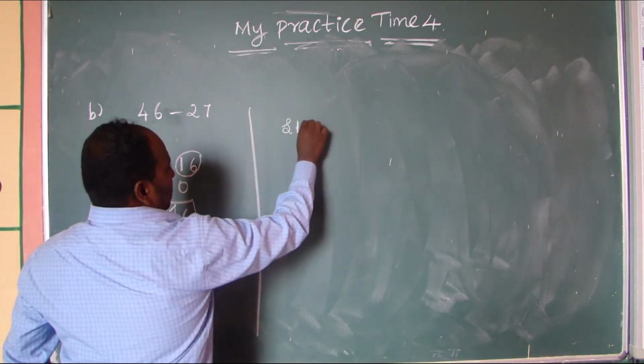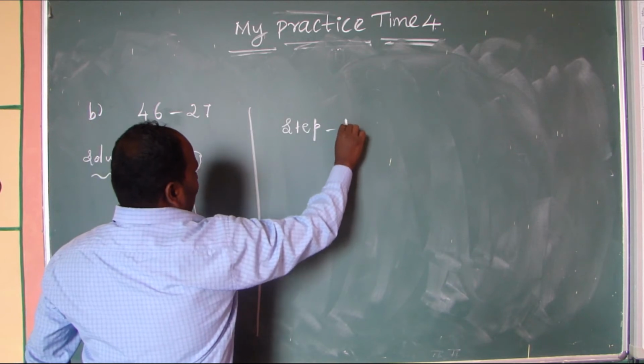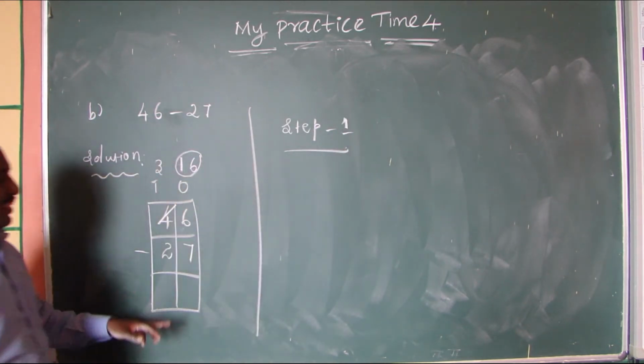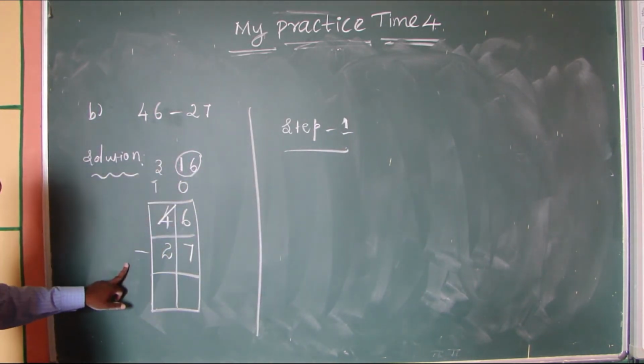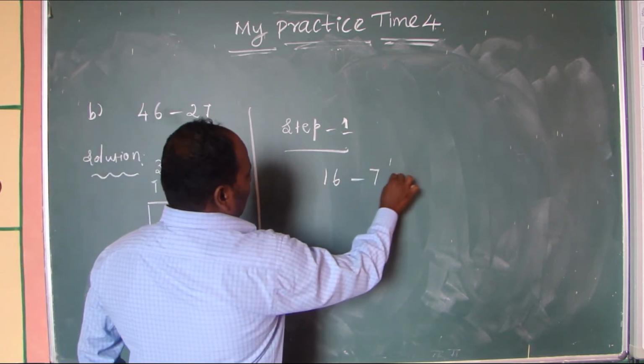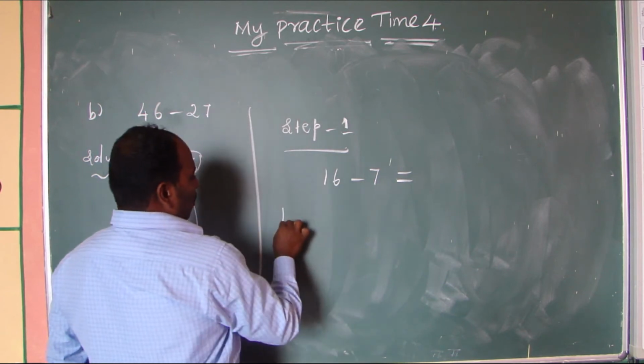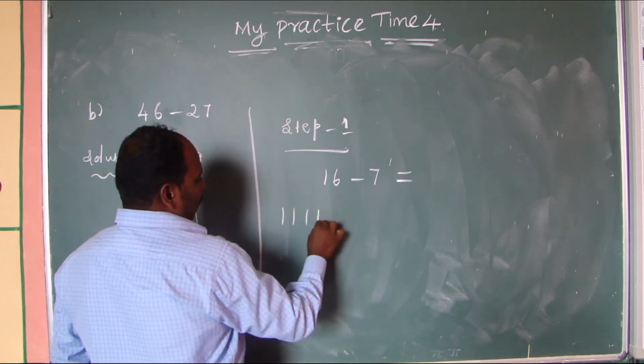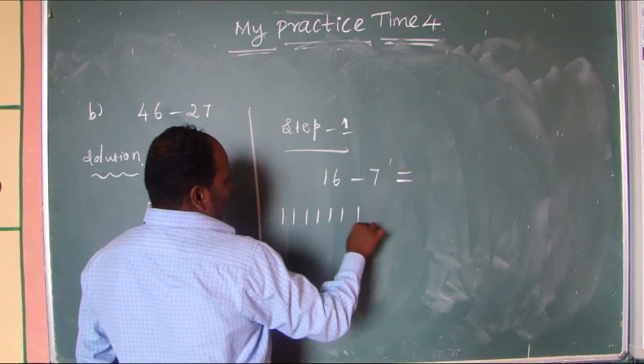Step 1. Let's solve the ones place. Our ones place is 16 minus 7. We draw 16 lines and cancel 7 lines, 1, 2, 3, 4, 5, 6, 7.